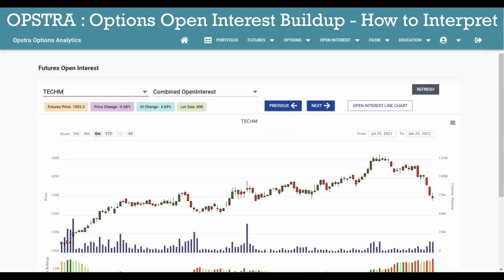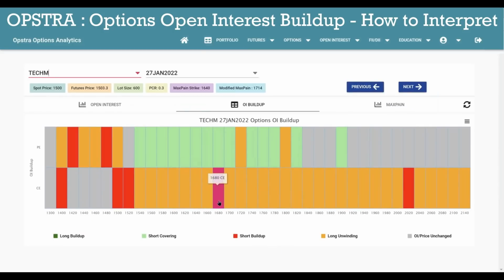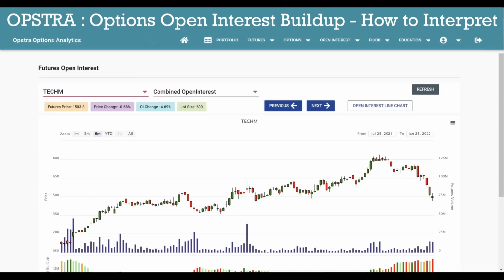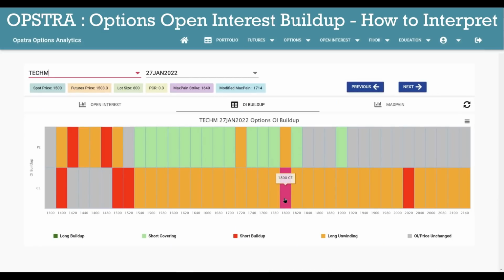If you're thinking of going long here because it took some support here, then I would suggest that you wait, let the open interest build up, and if you get another buy signal, then go with a long position in Techem. Both have to be in sync for you to take the plunge into that particular position. Right now they are not in sync, so I would not go either long or short here.